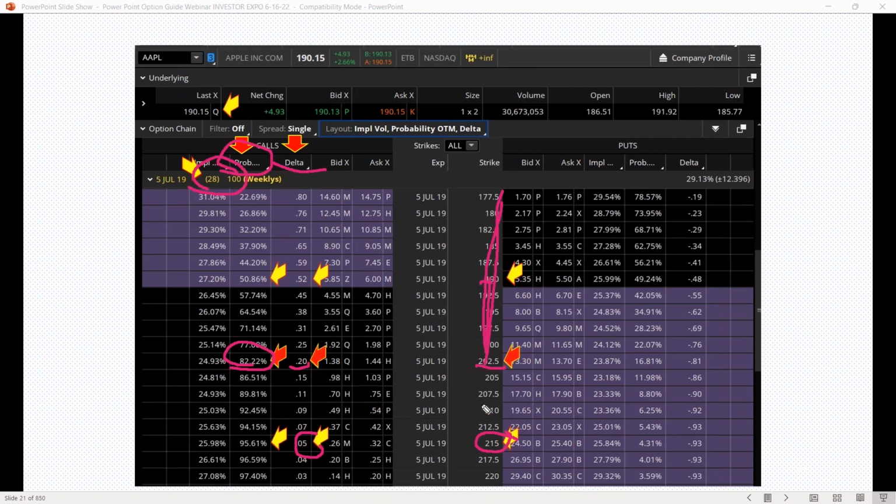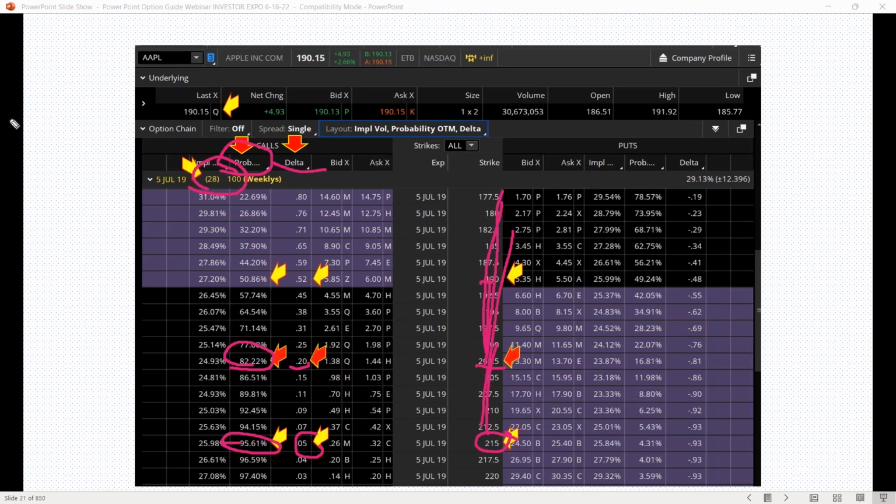There's only a 5% probability for price to get to 215, or the other way to look at it, a 95% probability that it will close below that number. It could come all the way up to that number, it could go over, but the probability by expiration is only 5% to the upside.